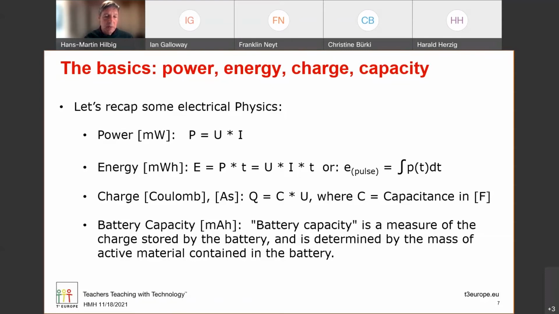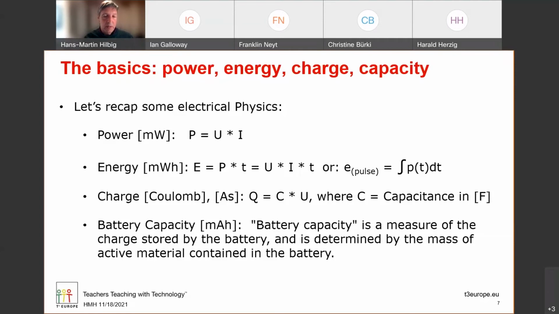And to put it in a different mathematical term, which I think is very, very important: from a math standpoint, you would say energy is the integral of power over time, or the energy of a pulse is the integral of its area in the time domain below its power graph.